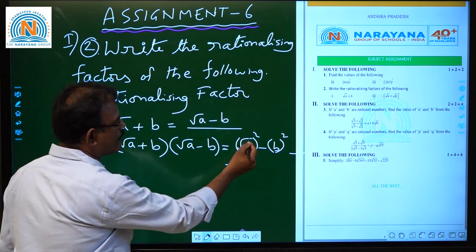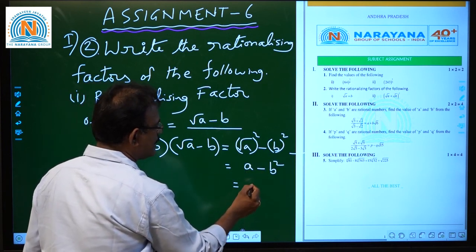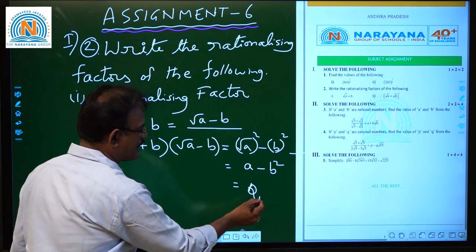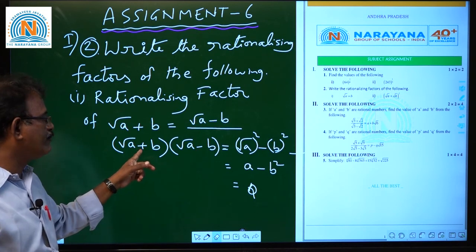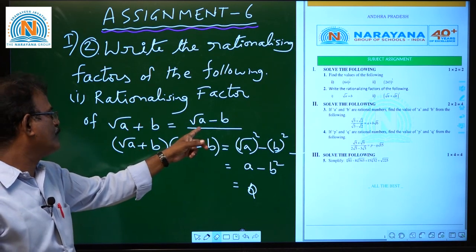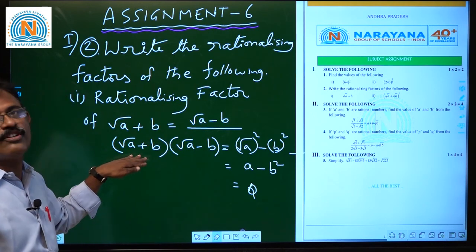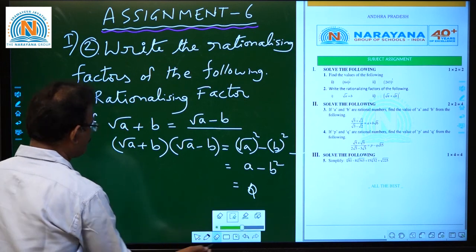The square roots get cancelled, giving a minus b. As it is a rational number, we can say this is the rationalizing factor of root a plus root b. Or else the rationalizing factor of root a minus root b is root a plus root b. In such a way we are going to consider.